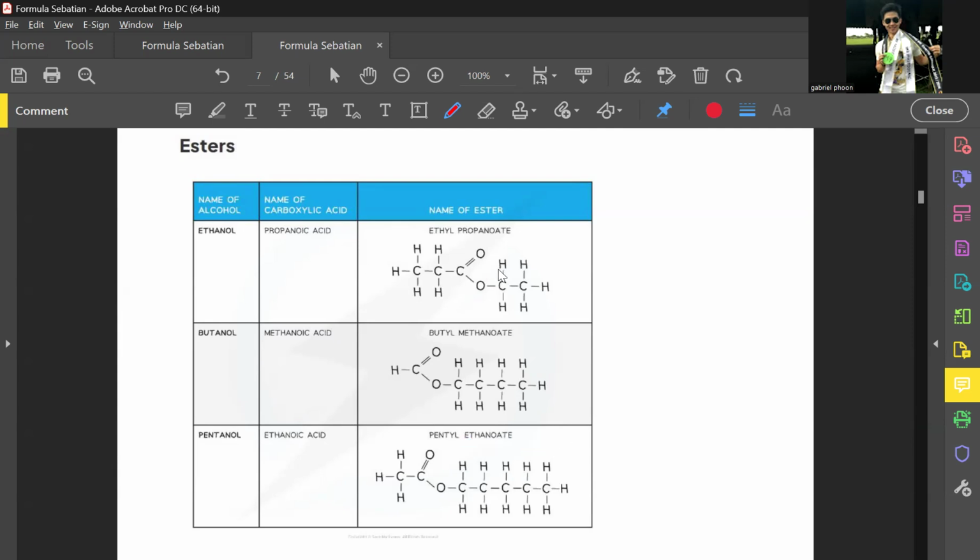And you need to know that basically, for ethanol and propanoic acid, when they combine together, they just remove the H2O, guys. You guys remember? Right? Remove the H2O, right? For example, the alcohol used to have OH here, right? And this thing used to have an OH as well, right?